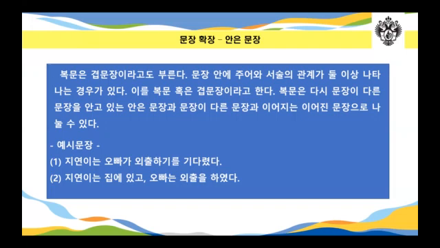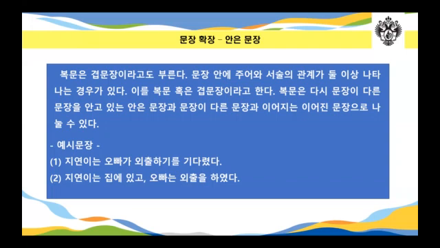And number 2 is a continuous sentence in which the sentence 지연이는 집에 있다 is connected equally with the sentence 어머니는 오빠는 외출을 하였다.